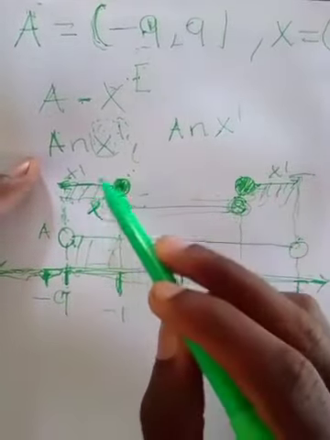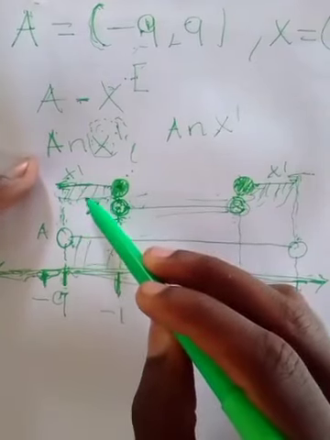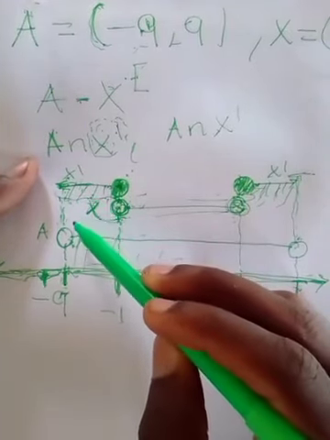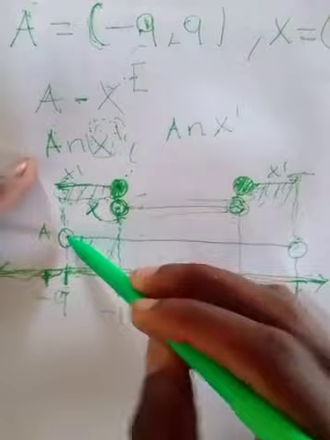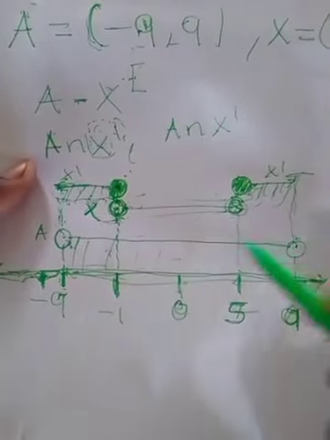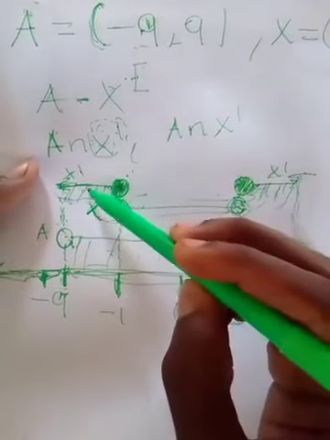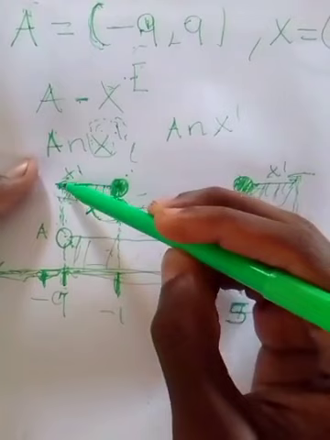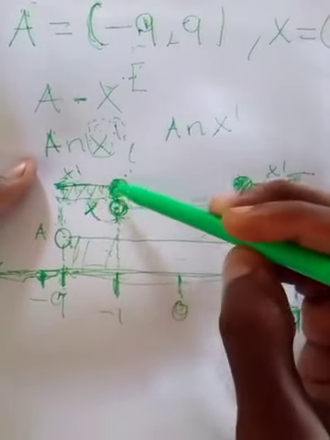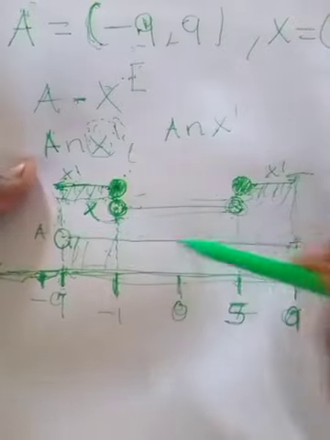So now, where can you find the numbers that are found both in A, which is starting from A up to A, and are also found in the X complement? Let's begin. Where can I find the numbers which are found in this region of X complement, but are also found in A? A is covering everything.